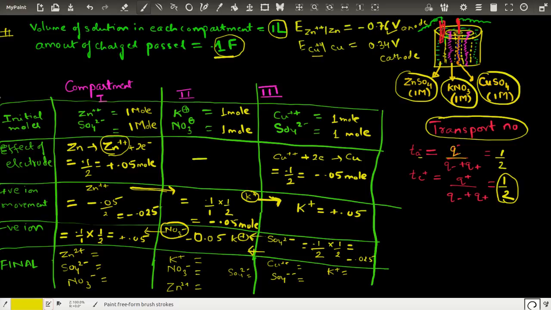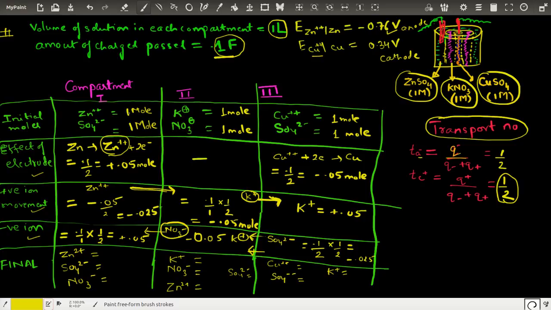So clearly, if we see the transfer and the effect of the electrodes, the movement of the ions, both negative and positive, let's describe the final concentration in all the three compartments. Zinc: initially it was 1 mole, and out of which we can see that 0.025 mole has left.